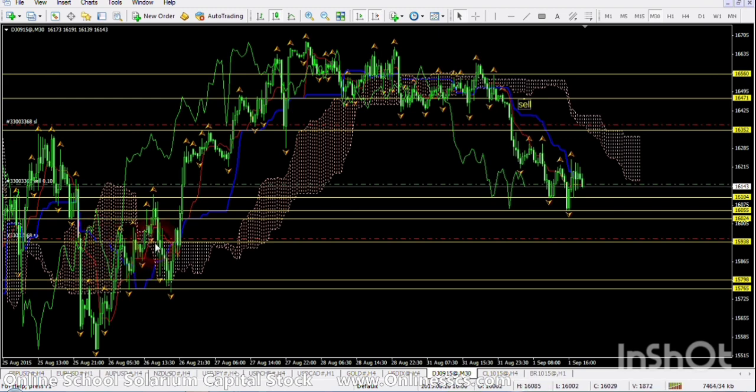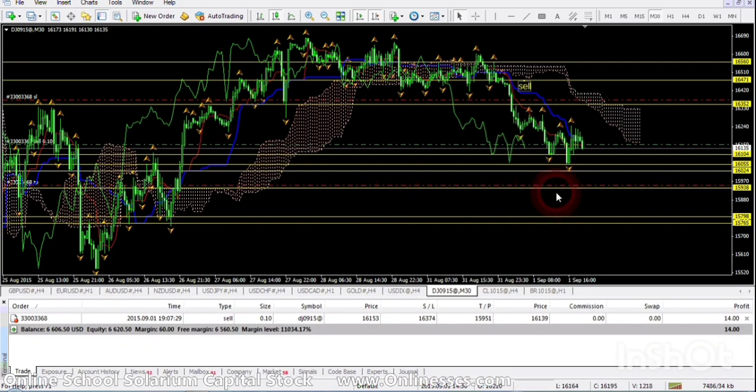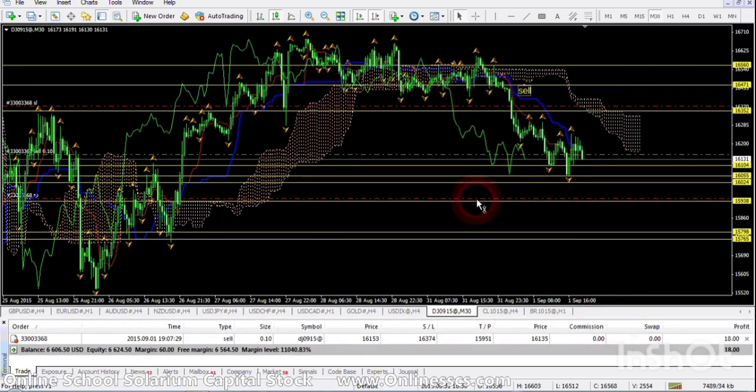Let me see if I can show you this. There's a flat line here and another one here. You see, when the price goes down and hits here, know that there will be an intense comeback of the price.